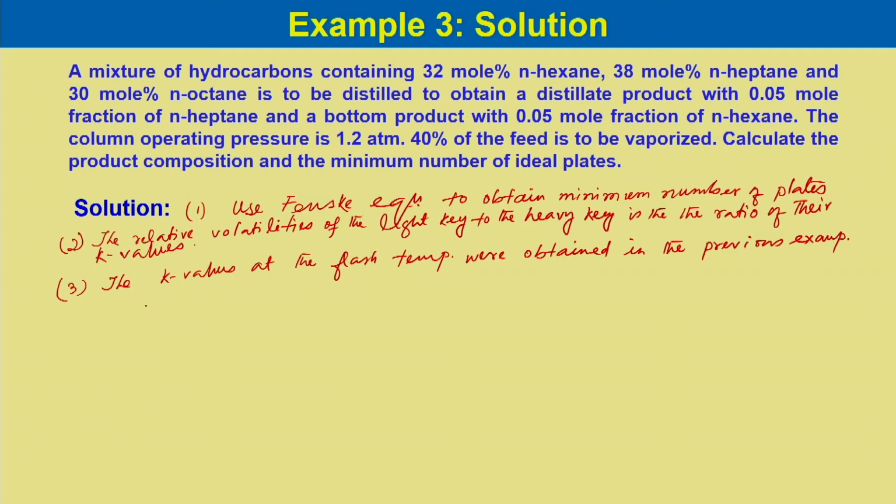The alpha value, that is alpha LK HK, we can write as 2.08 divided by 0.92, that is the heavy key. So, it would be about 2.26.